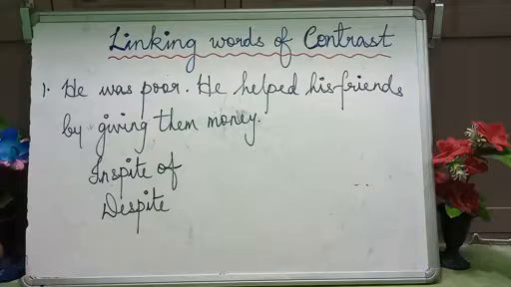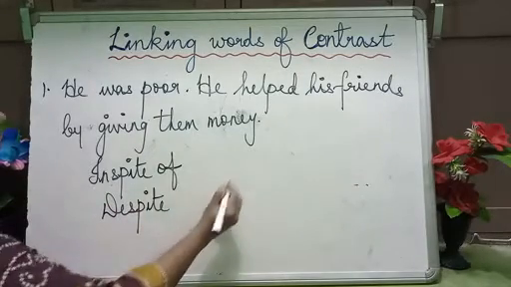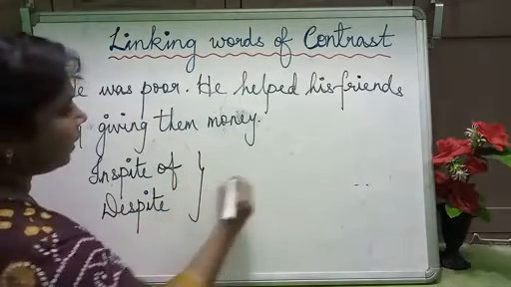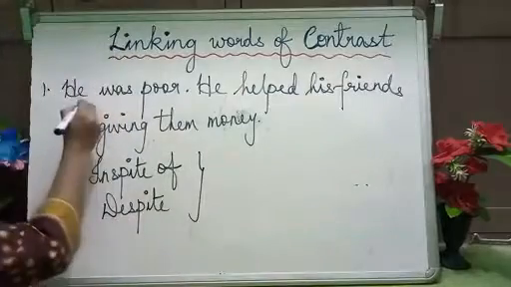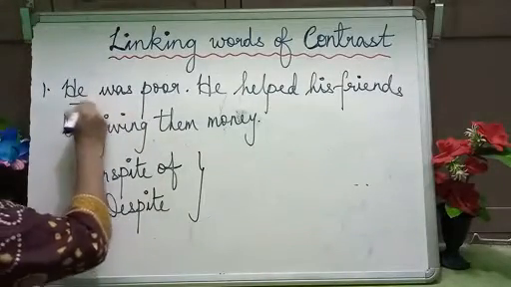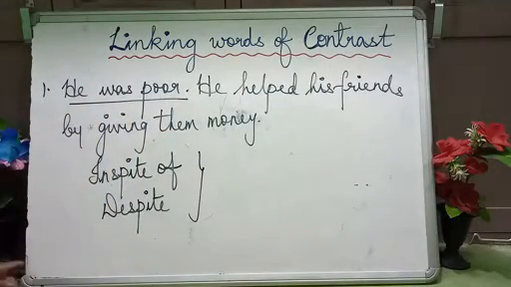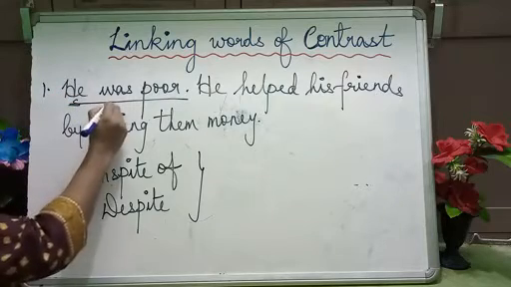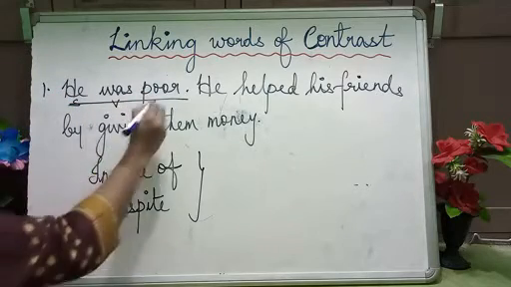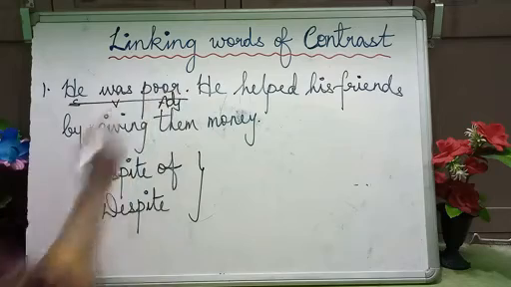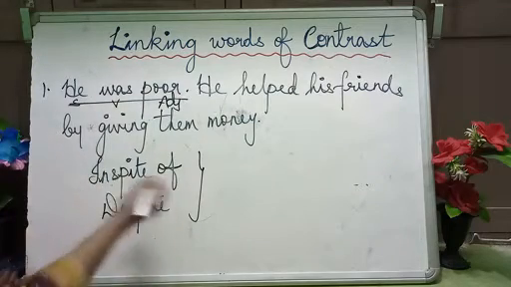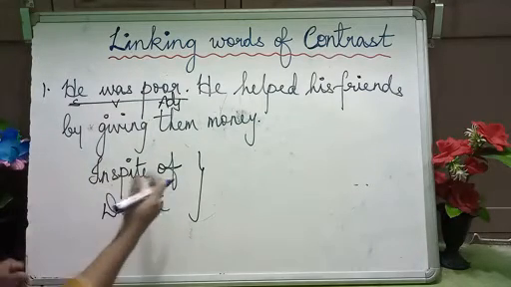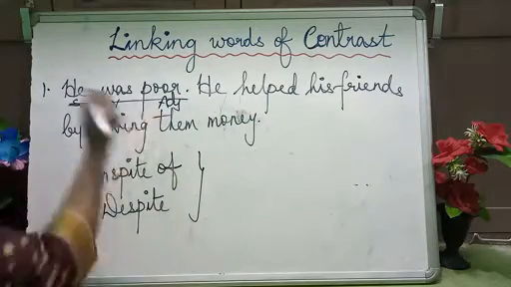So now one example I'll give you. Here, he was poor. Okay. In this, this is the subject, this is the verb and this is the adjective. Now in this noun phrase, how will you start?